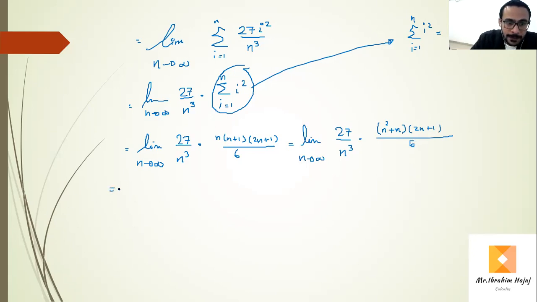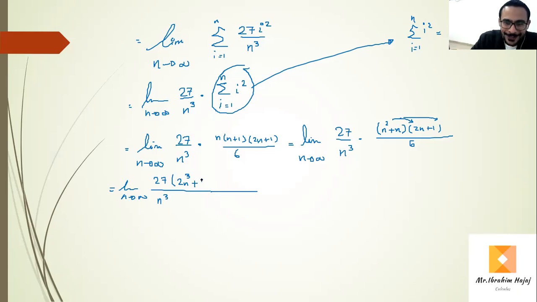Yes, the limit as n approaches infinity of 27/n³, and multiplying here using the distributive property, we get 2n³ plus n² plus 2n² plus n.